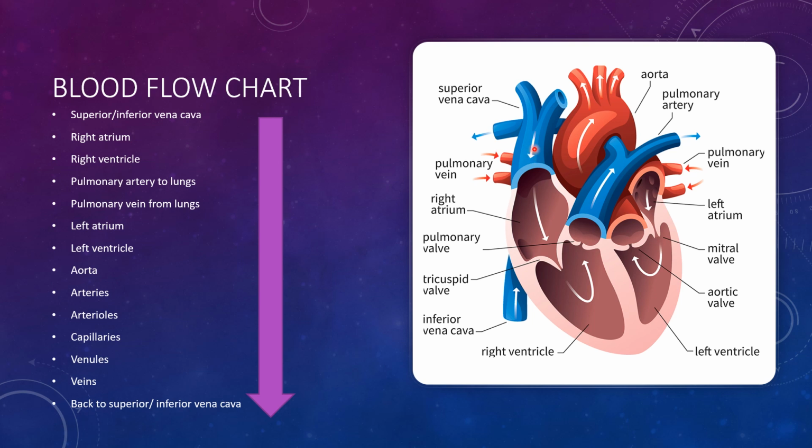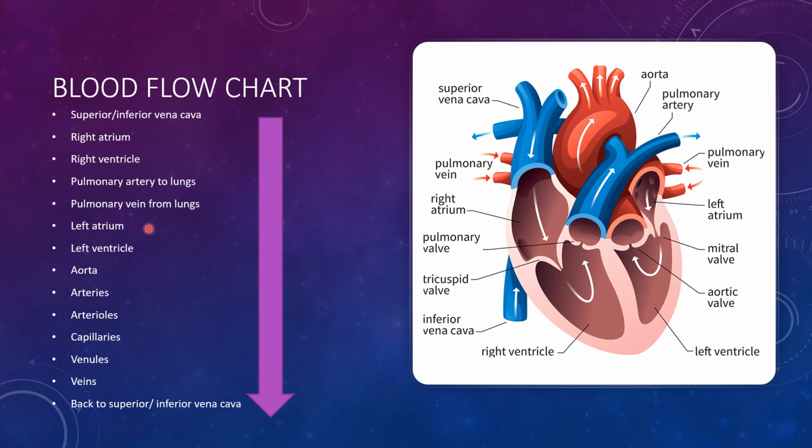After the blood is sent to the lungs, it will return through the pulmonary veins. Your pulmonary vein is a vein that carries oxygenated blood. From the pulmonary veins, it will pass to your right atrium, or left atrium rather.